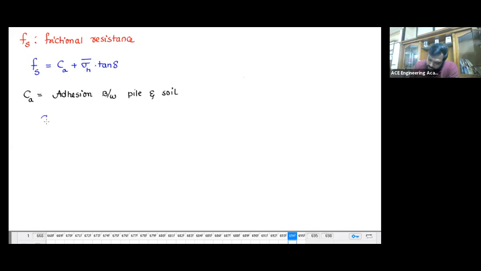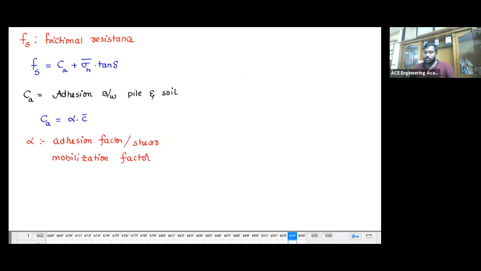And this is written as Ca equals alpha into C bar. And what is this alpha, sir? Alpha is nothing but the adhesion factor or shear mobilization factor.